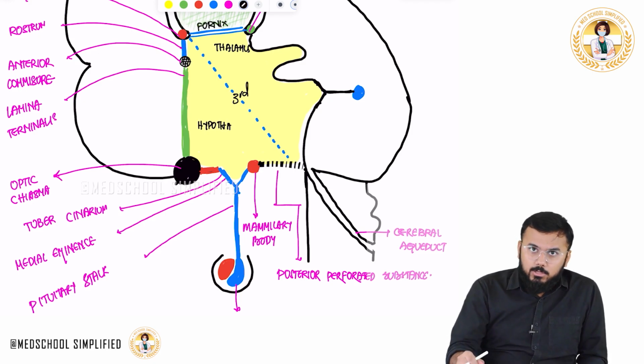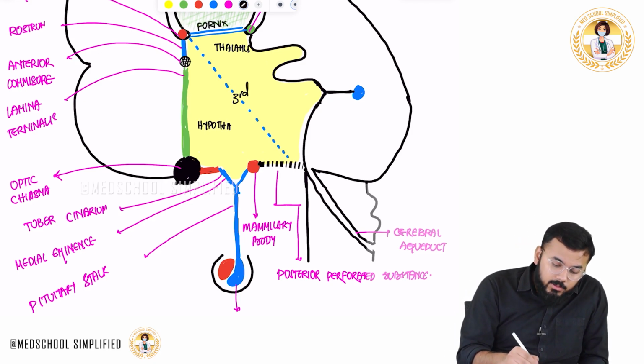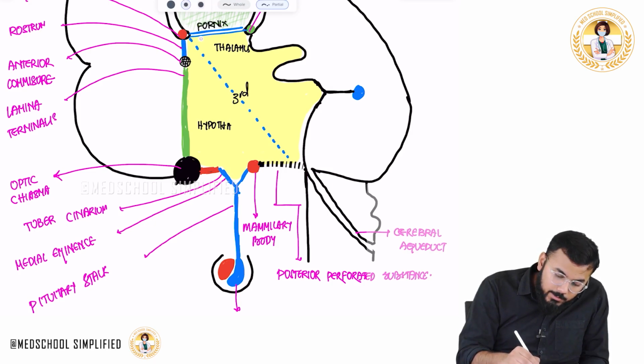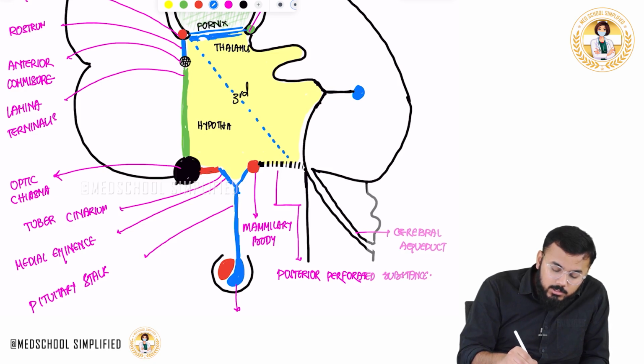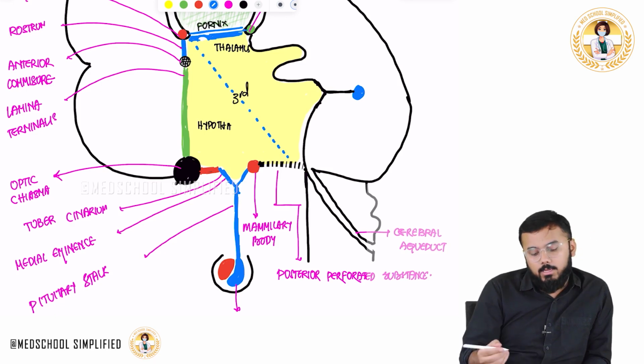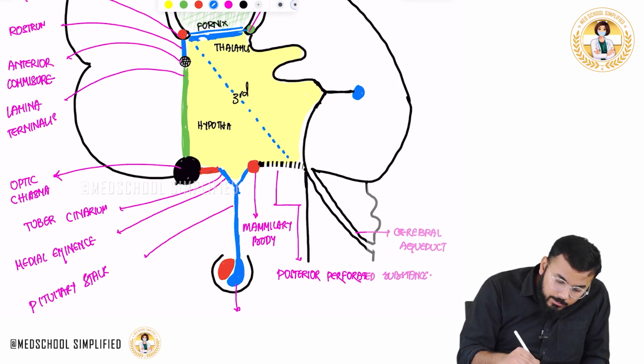Now, the next important thing you need to know is that if you look very closely, there is a small depression over here. Depression to what? Depression to the fornix. You see a small depression in the place of the fornix.